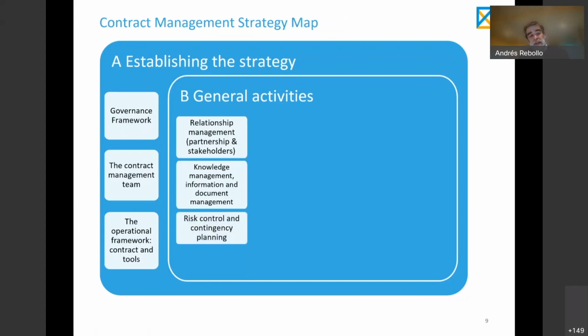Then we have a third area, which is risk management, risk control, and contingency planning. We will talk a little bit later on about this.